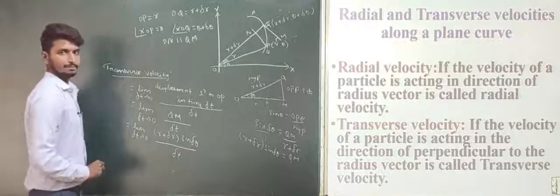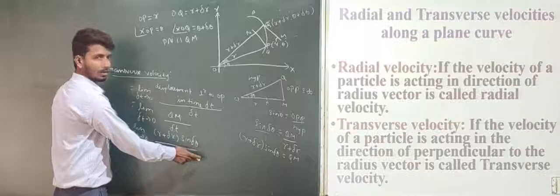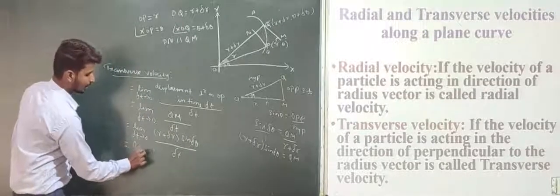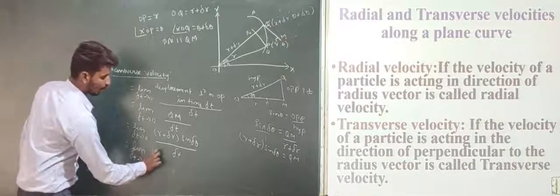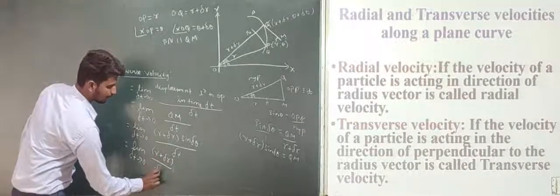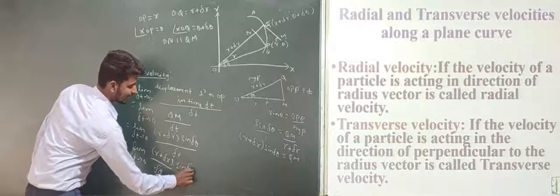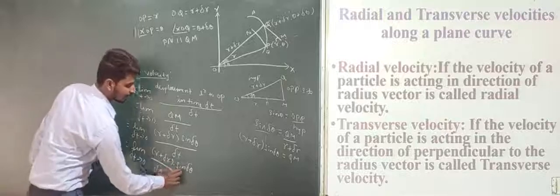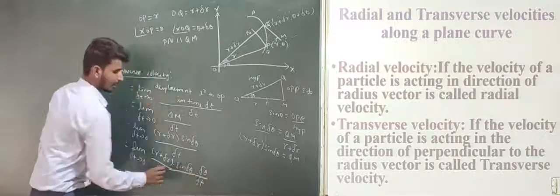Here we can multiply the numerator and denominator by delta theta, so limit delta t tends to 0, R plus del R into sin delta theta divided by delta theta, into delta theta divided by delta t.